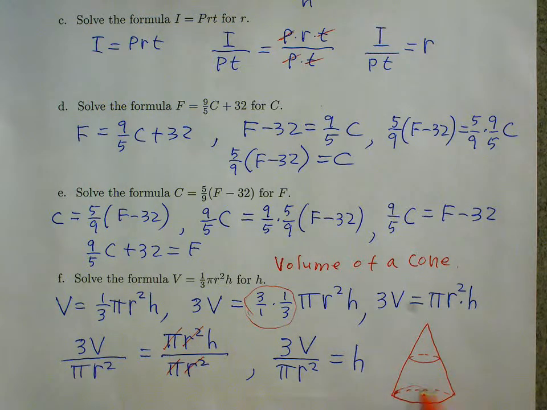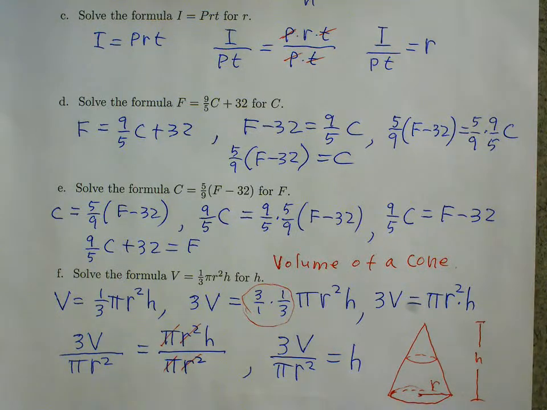So that's supposed to be circular, and it has a radius r, and then the height is the distance from the tip of the cone to the base. That's the height. And so the volume in cubic units is 1/3 times pi times r to the second times h. That's the volume.